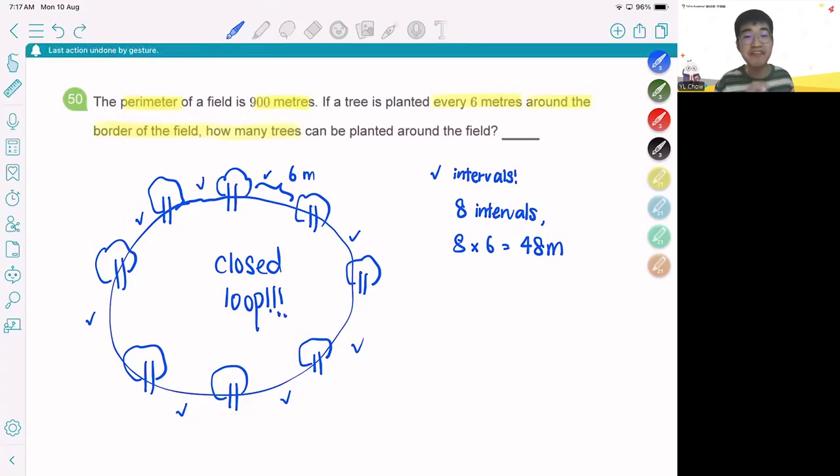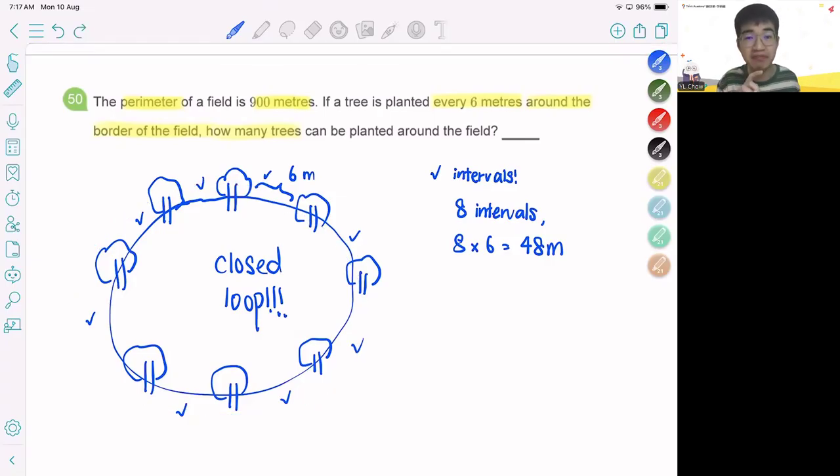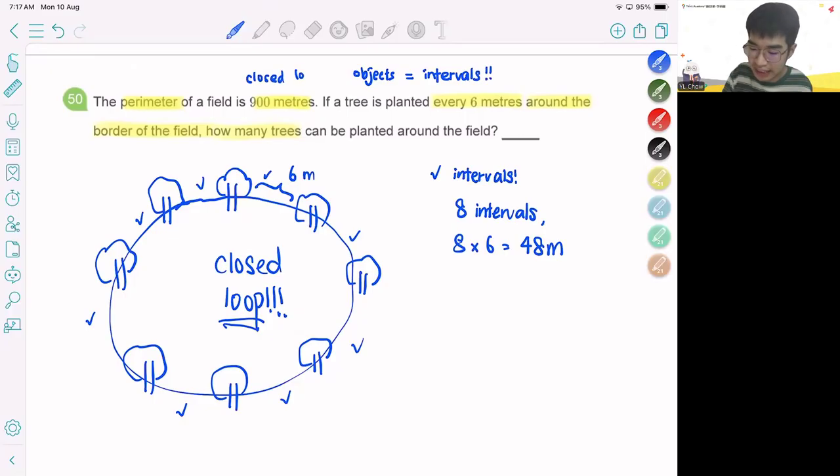So if you see a closed loop interval problem, where I am planting trees or placing lanterns, whatever, around the perimeter of a closed shape, your number of objects should be equal to the number of intervals, provided that it's in a closed loop. So this is a special case, which is different from interval problems along a row or along a line.